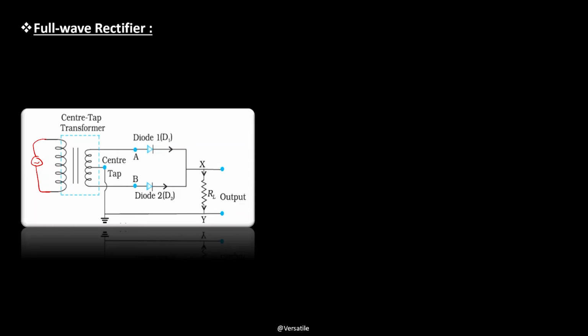The P side of both the PN junction diodes D1 and D2 are connected to the ends A and B respectively of the secondary coil of the transformer. The load resistance RL, across which output voltage is obtained, is joined between the common point of N terminals and central tapping of the transformer.